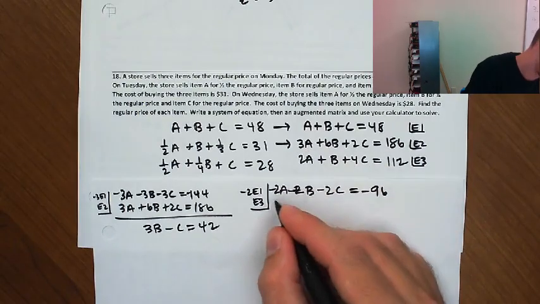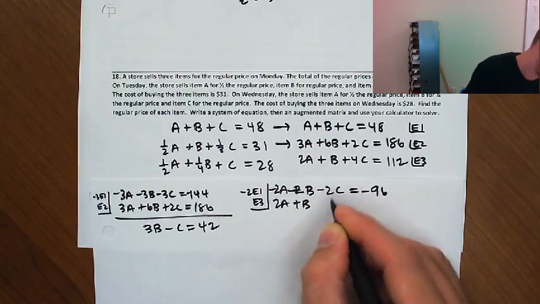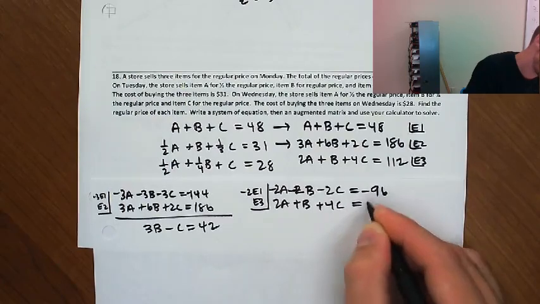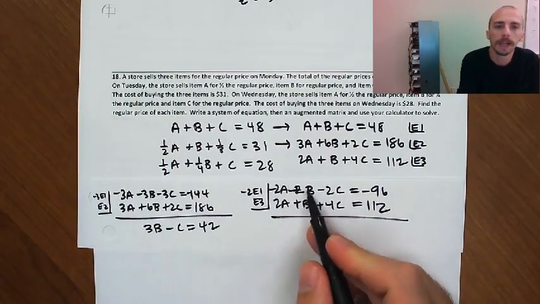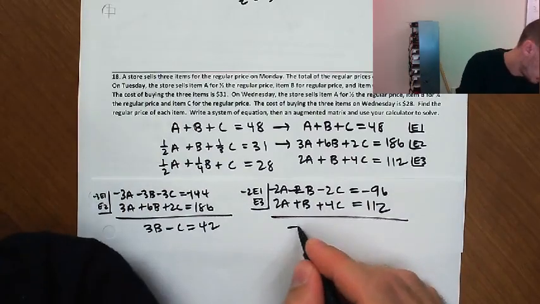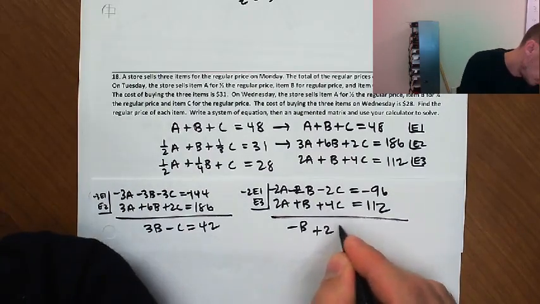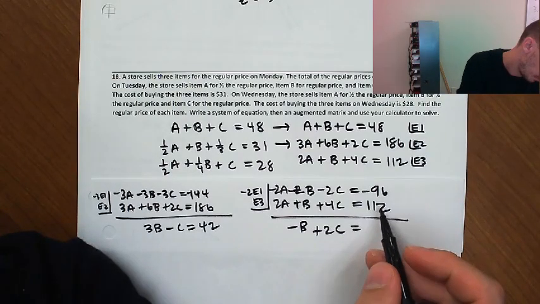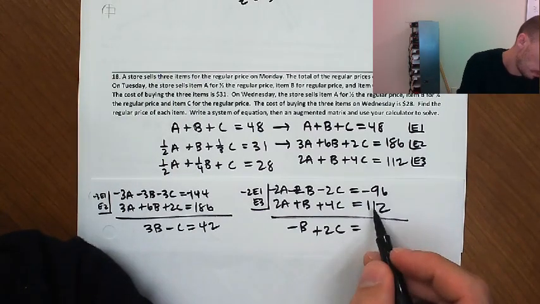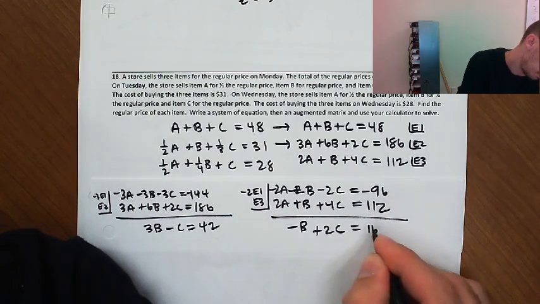And then equation 3, I'm just going to copy, plus b plus 4c equals 112. Now I'm adding together no a's, -1 b's plus 2 c's. That's going to equal, let's see, 96 and 4 is 100, so that's 16.